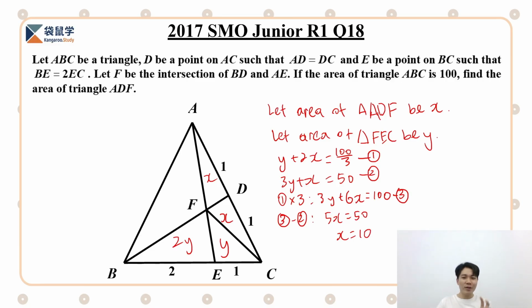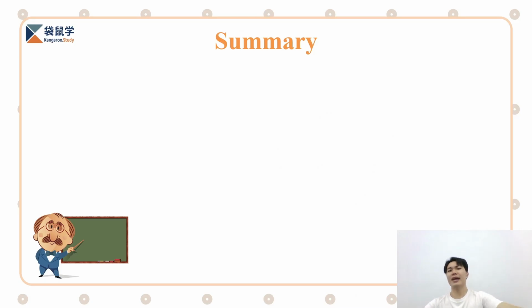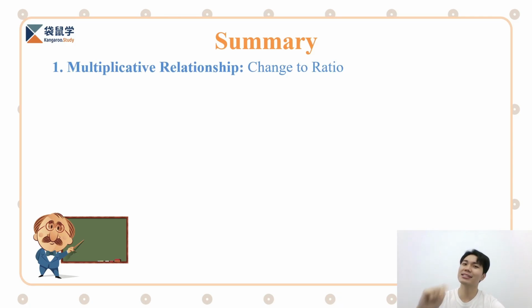So, we realize, this way doesn't require us to do too much in terms of understanding all the units, making all the same and everything. So, let's have a summary of what we've learned today. Very first thing is that no matter what, when we are given multiplicative relationship, we can represent in terms of ratio. And next, we learn some models. First is the equal height model.